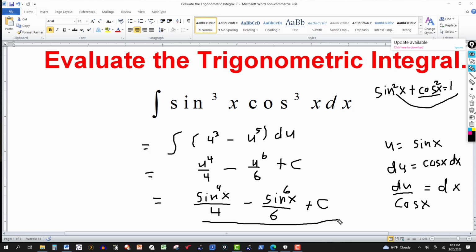Sine to the 4th over 4 minus sine to the 6th over 6 plus your constant of integration.